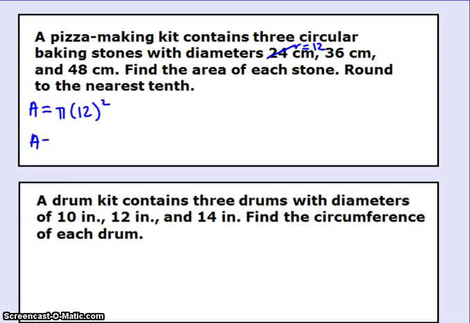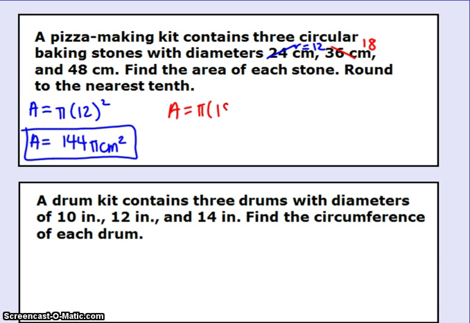So the area of the one with 24 centimeter diameter is 144 pi centimeters squared. That's the first one. And in the second one, 36 is the diameter, so the radius is 18. So area equals pi times 18 squared. So area equals 324 pi centimeters squared.